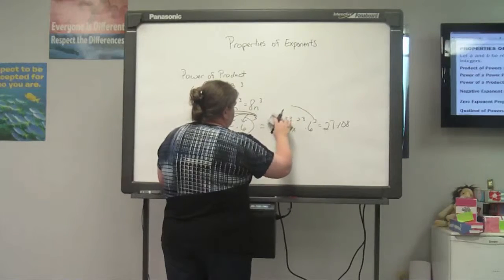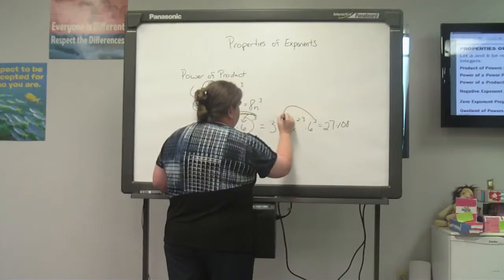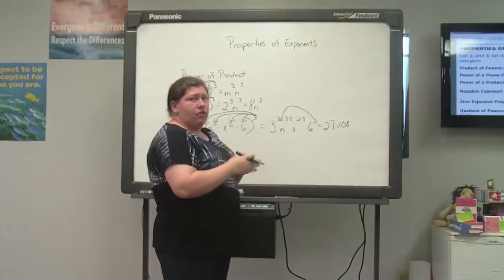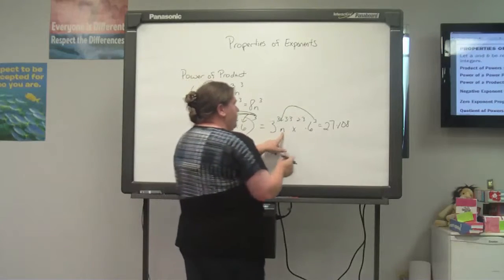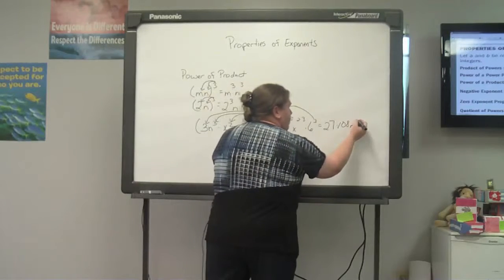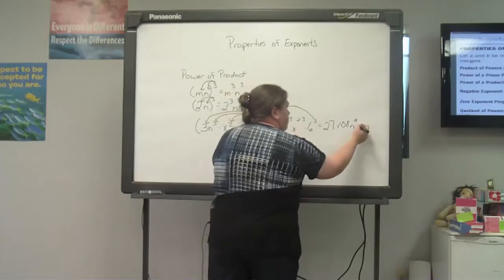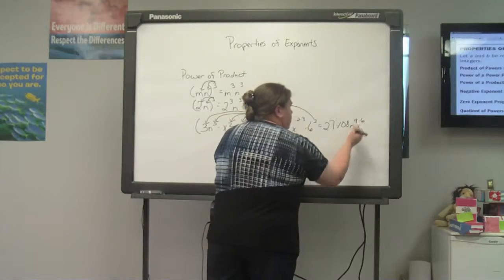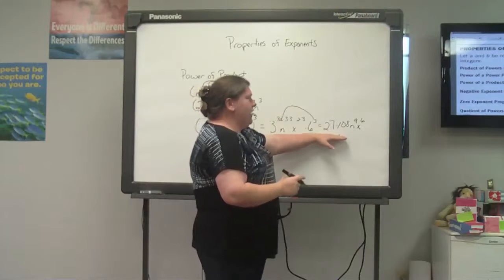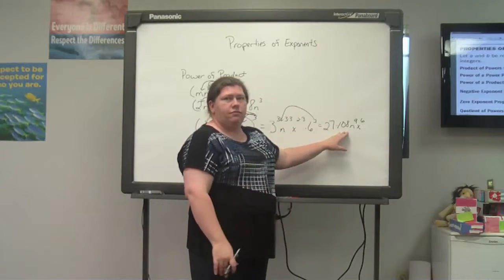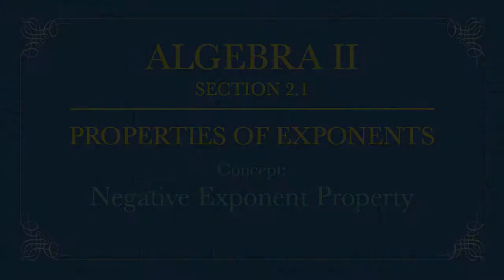I moved it to right here, because I want my whole numbers together. Then I do n, 3 times 3 is 9, x, 2 times 3 is 6. And then again, this right here, 27 times 108, you would put it in your calculator and solve. And that would be your answer.